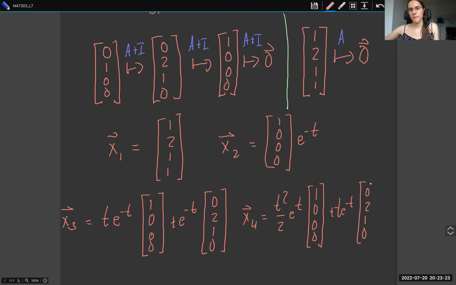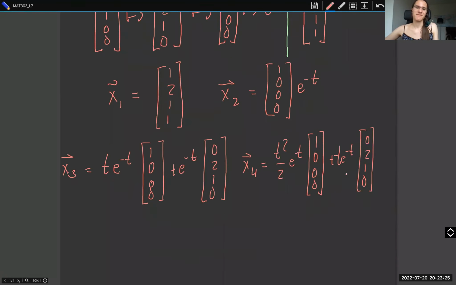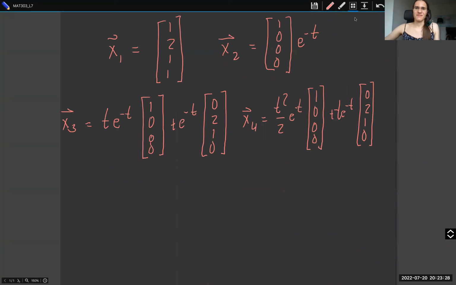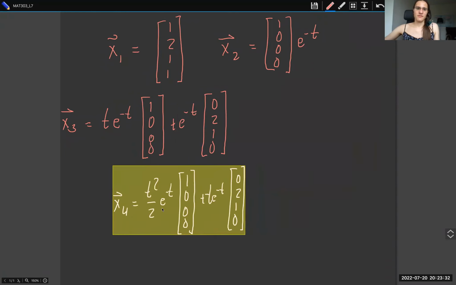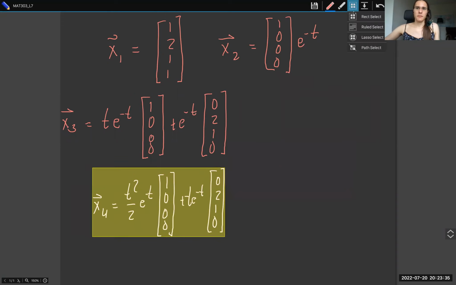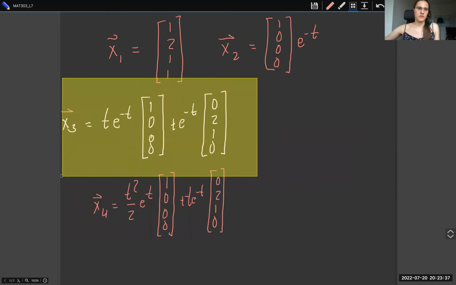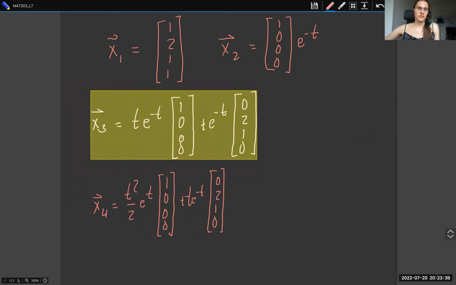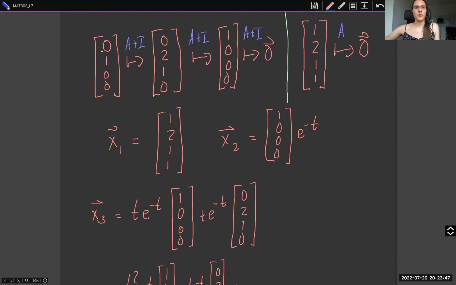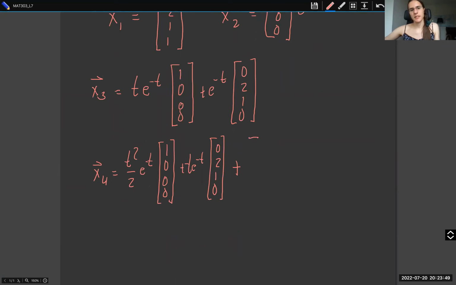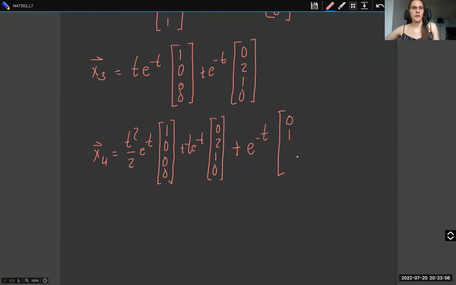I knew it wasn't going to fit. And then we can give this one a bit more space. Plus v3, 0, 1, 0, 0, e to the minus t. It was in the second position, right?